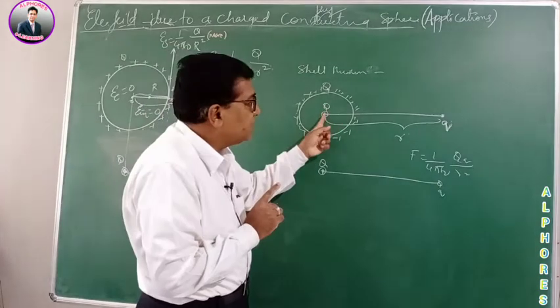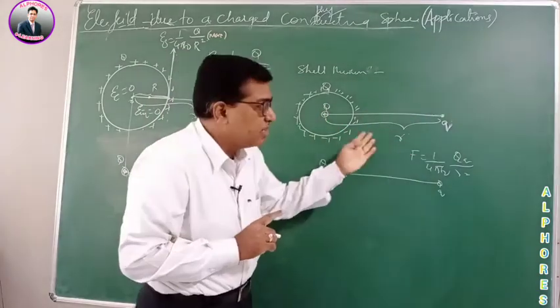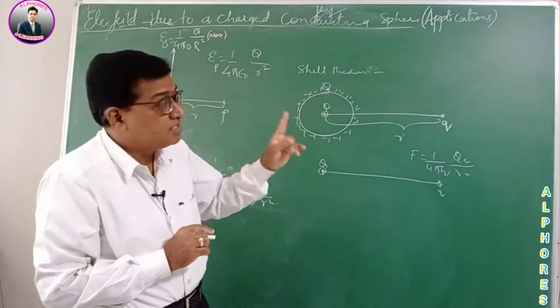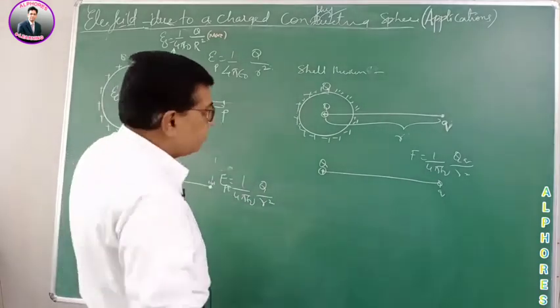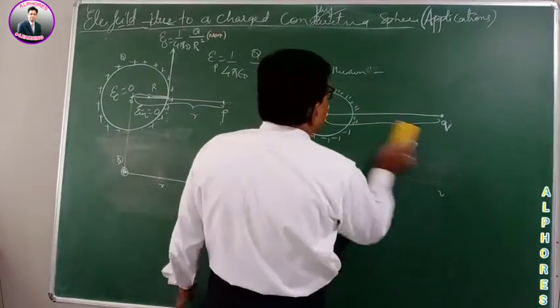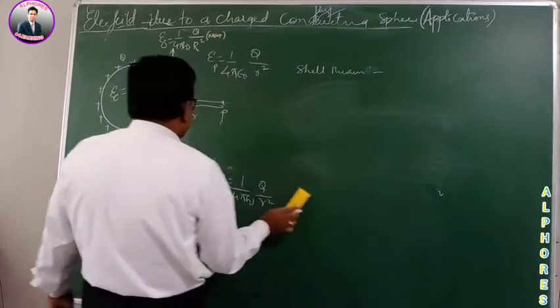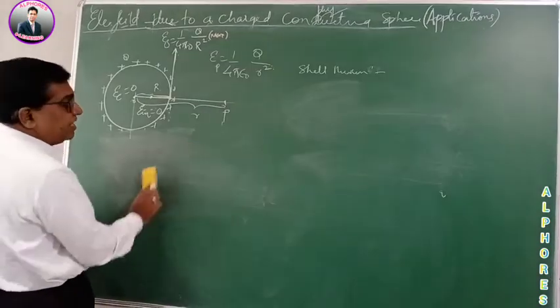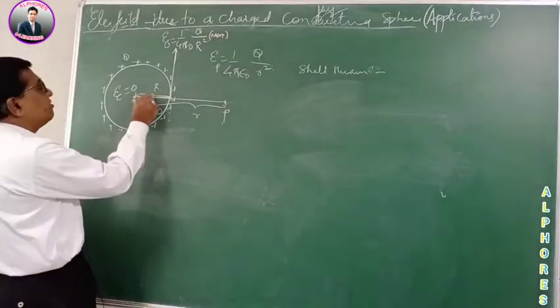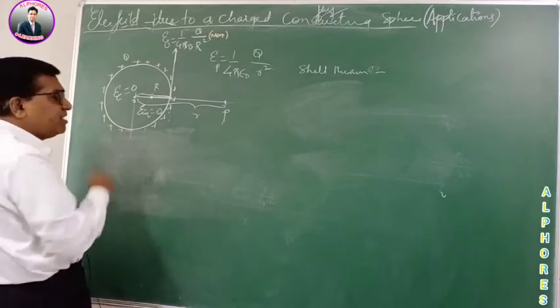Then you can imagine this as a point charge, this as a point charge, and apply Coulomb's law. This is shell theorem number 1, the first shell theorem. Next, coming to the electric field inside. When you take the electric field at an inside point, the electric field inside is 0.